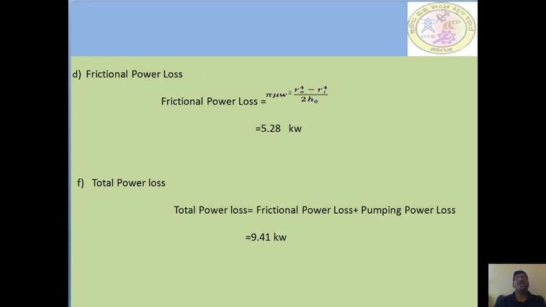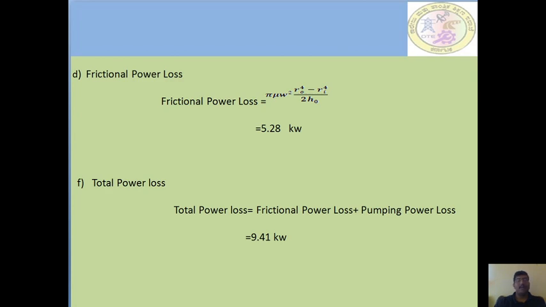You substitute the values of pi, d and the radius of the shaft, and you will get the W value. Substitute all the values in the given equation and you will get the frictional power, which is 5.28 kilowatts.